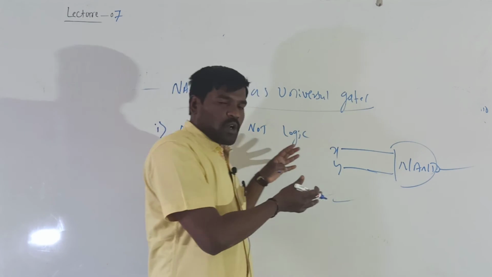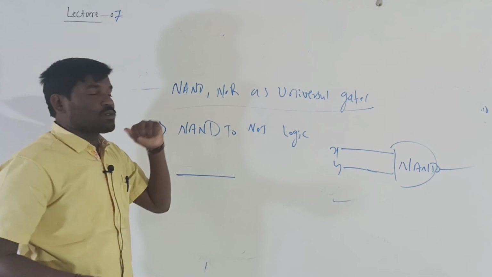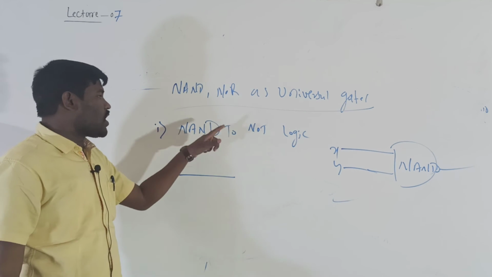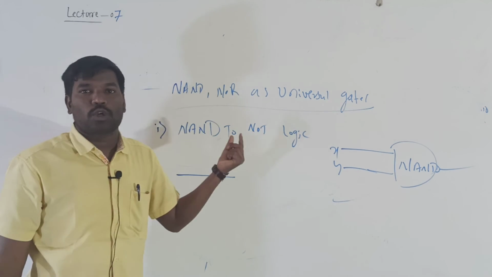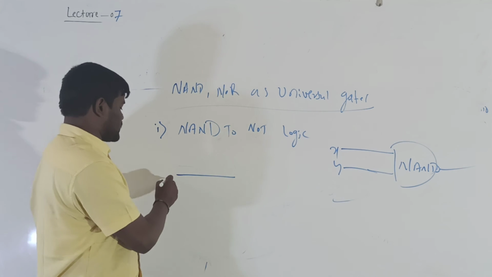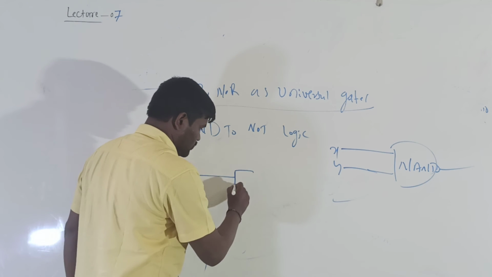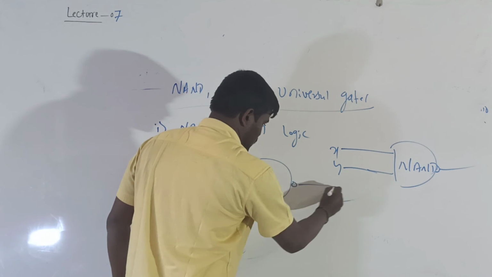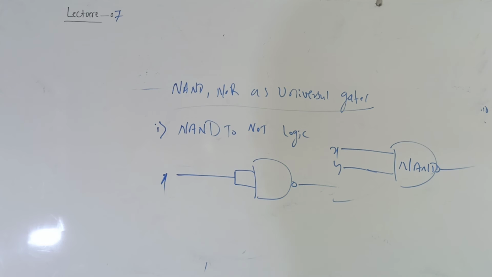So now I am drawing the circuit diagram with respect to NAND. With the help of NAND, we have to draw the circuit for the NOT, means we can take only the single input, that's why I can take X. So this is the circuit diagram for NAND to NOT.